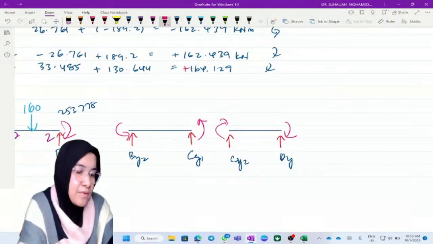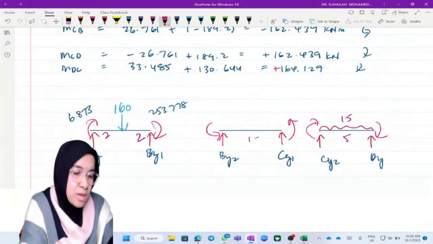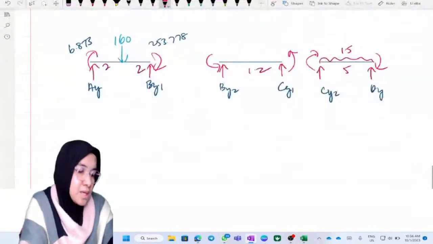This one we have a UDL of 15 along a 5 meter length, and this is 1.2 meter.